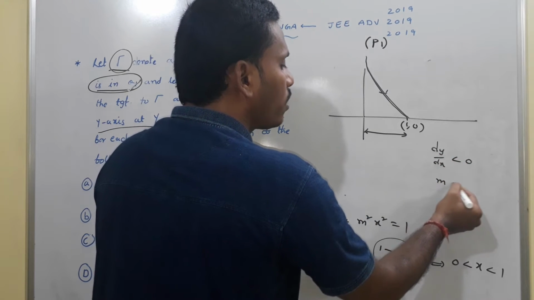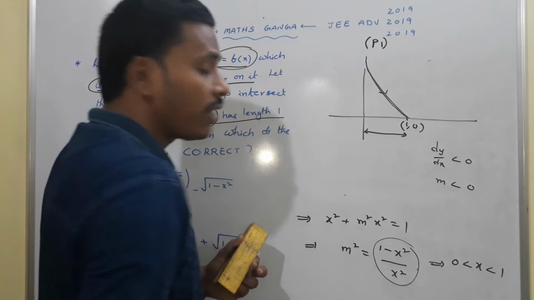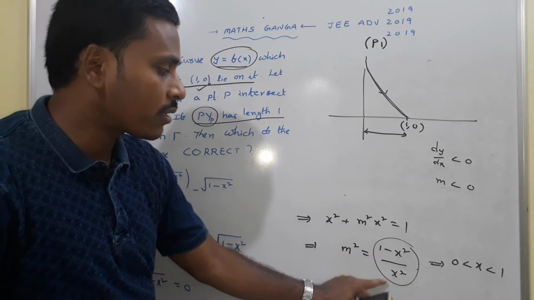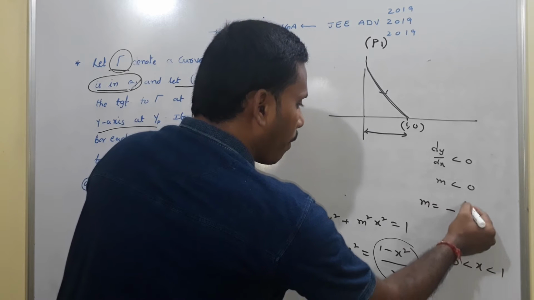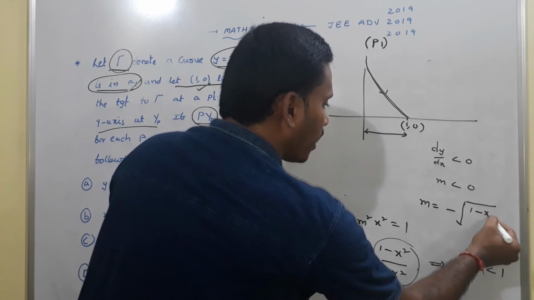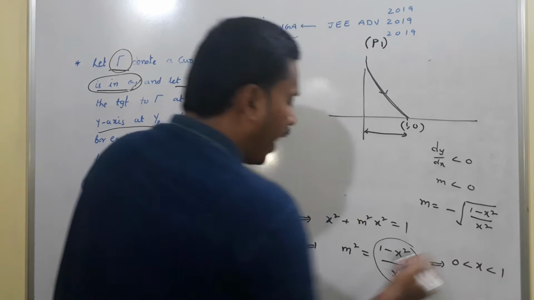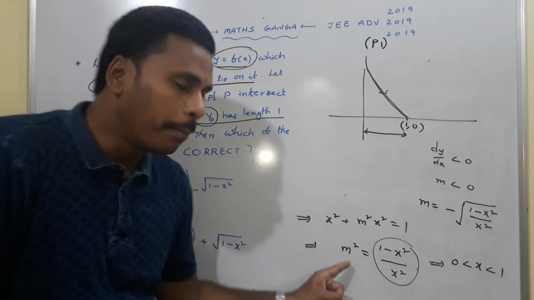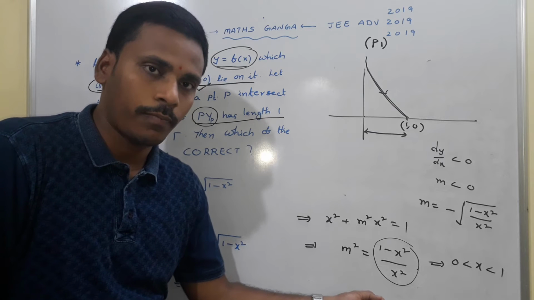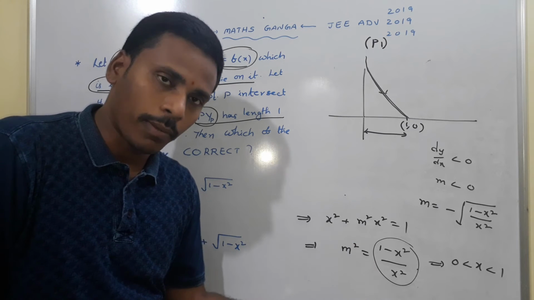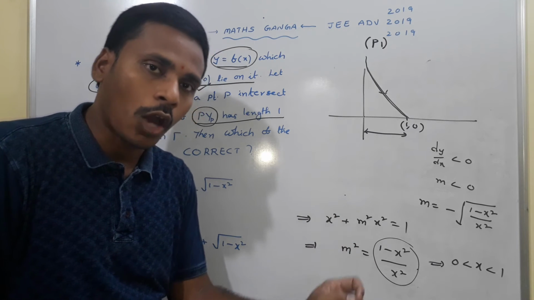Since it's a decreasing curve, its derivative is negative, which means m is negative. Since m square is (1 minus x square) by x square, we will write that m is equal to minus root of (1 minus x square) by x square. Actually here we have two chances: m is plus or minus root of (1 minus x square) by x square. So what do we need to consider, either plus or minus, or only plus or only minus?